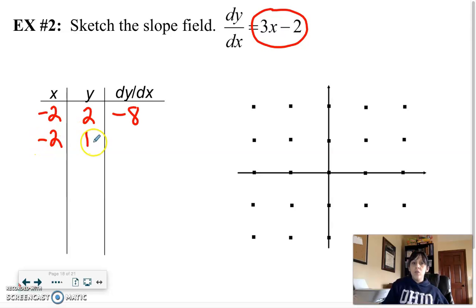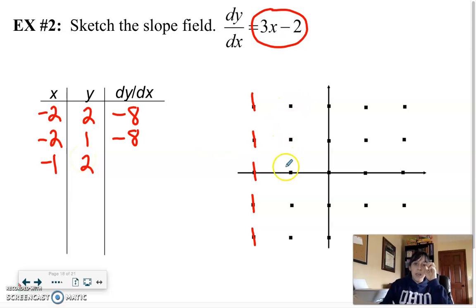If I pick -2, 1 as my starting point, 3 times the x value is -6, minus 2 is still -8. So any of these -2 x coordinates are going to have a -8 slope, and it's really hard to draw a -8 slope. It's just got to be a super steep, almost vertical line. -1, 2, we'll use that as our first reference.